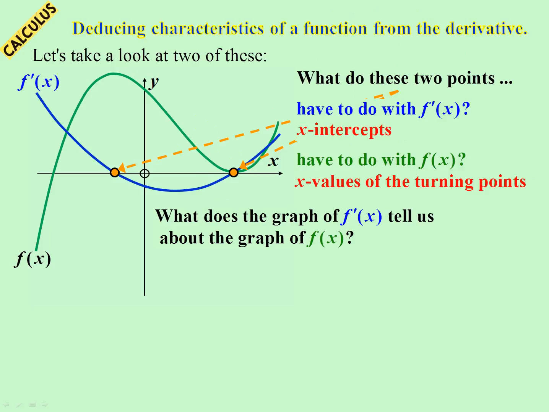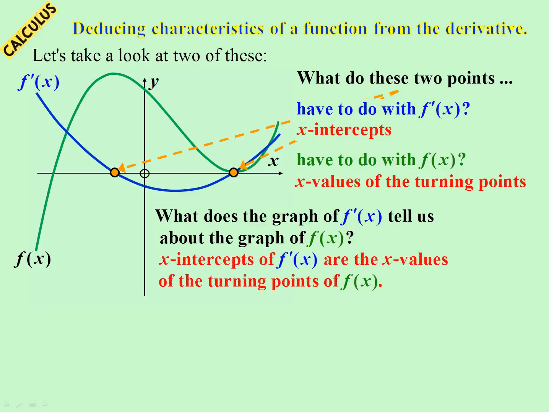So therefore, when it says, what does the graph of f prime tell us about the graph of f? Well, it tells us that the x-intercepts of the graph of the derivative are the x values of the turning points of the function. Why? Derivative equals 0 at turning point.